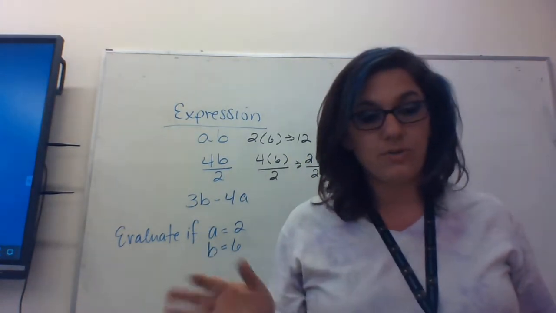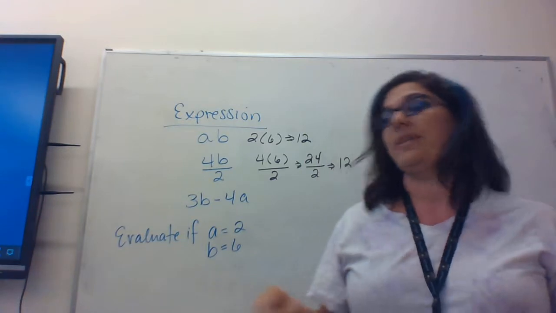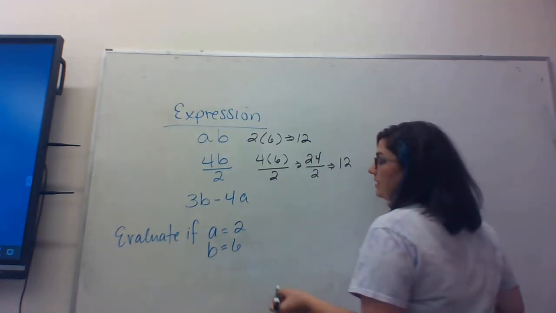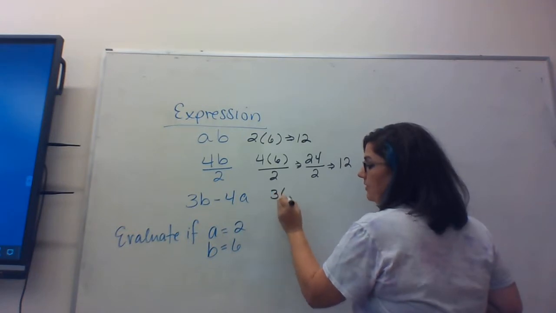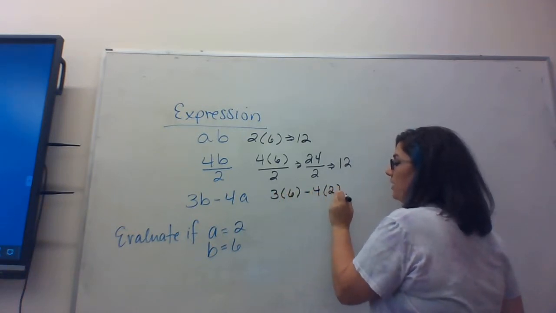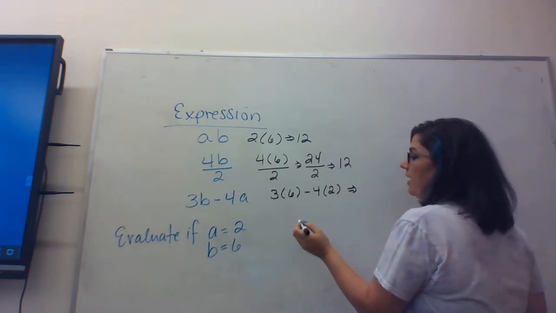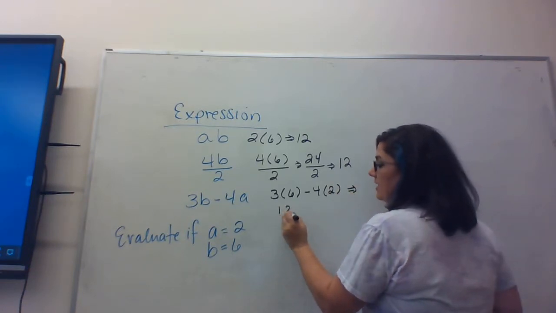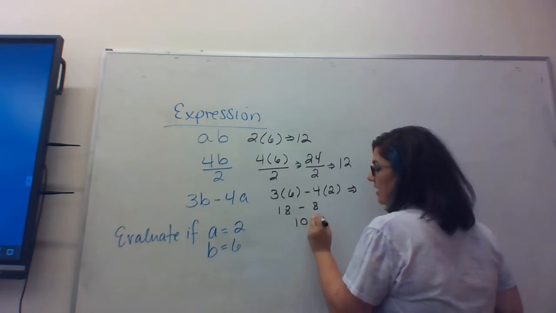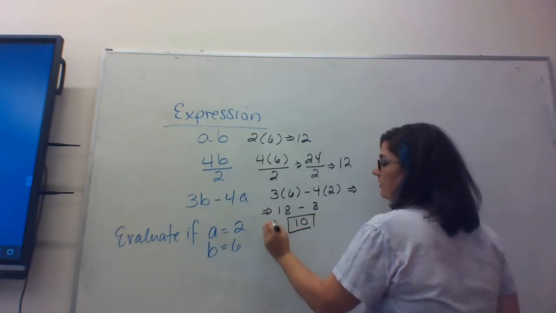I should be using the arrows, which means that the work is proceeding, because it's not an equation, no equal signs. Up next would be 3B, so 3 times 6 minus 4 times 2, and that's going to give me 18 minus 8, which is going to give me 10, and that would be my final answer.